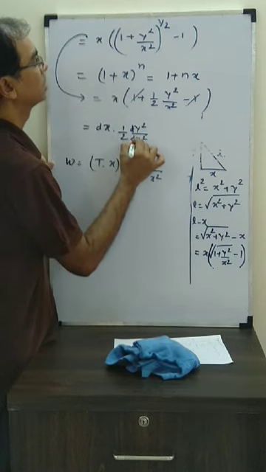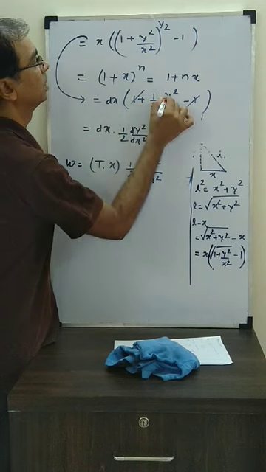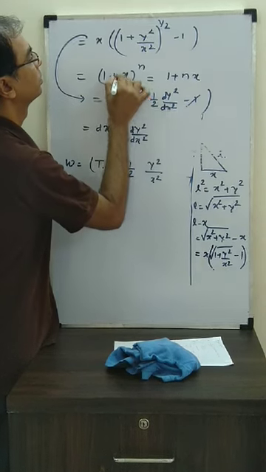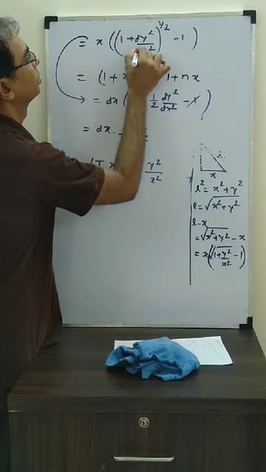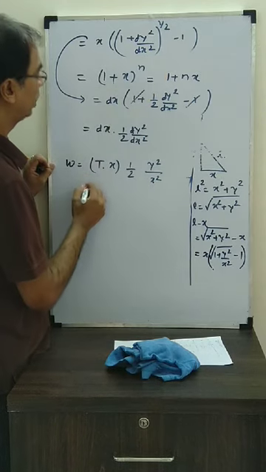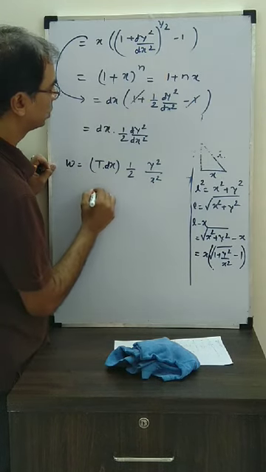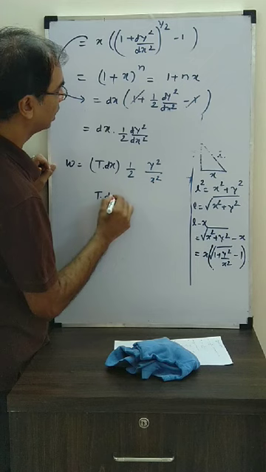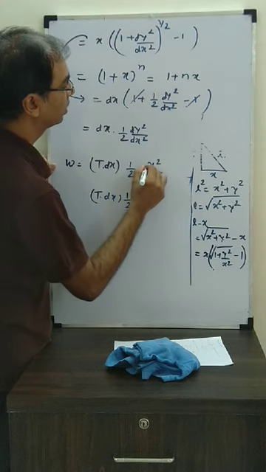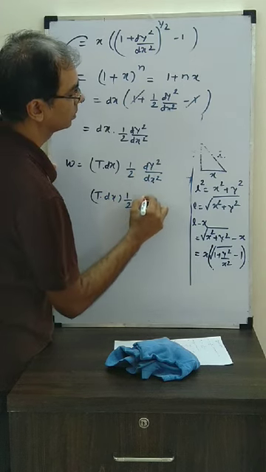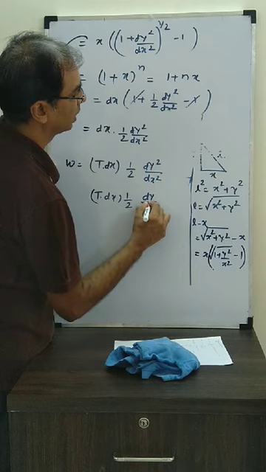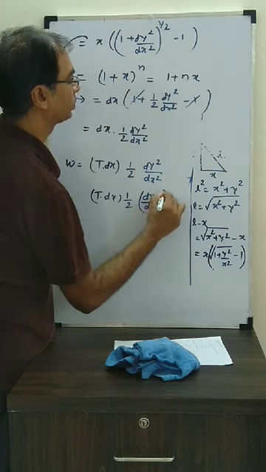Make it dy, this is dx, let it be d here also. So what we have, this is also dx. So T dx, this is half dy by dx whole square.